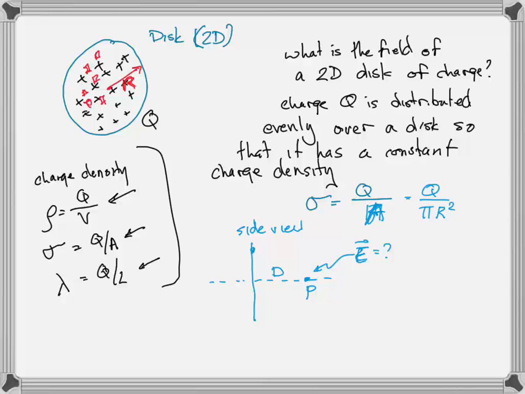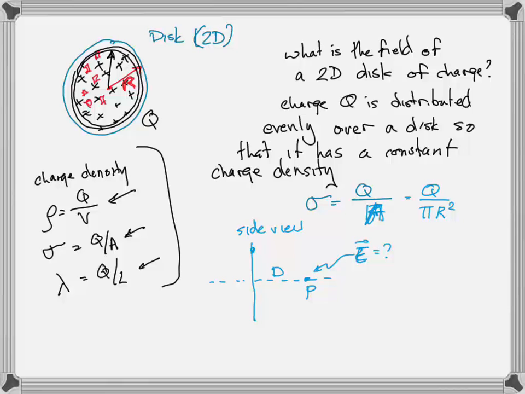Okay, so that's what we're going to do, but we're going to do it in a very systematic way. Instead of taking arbitrary point charges, we can break this disk up into rings. Let's break the disk up into rings, and take a ring at some arbitrary radius.